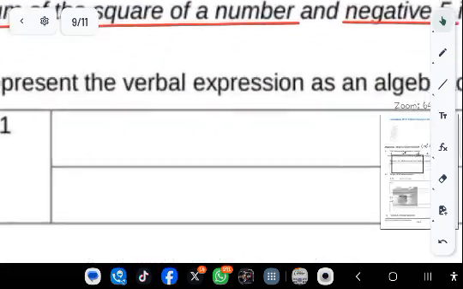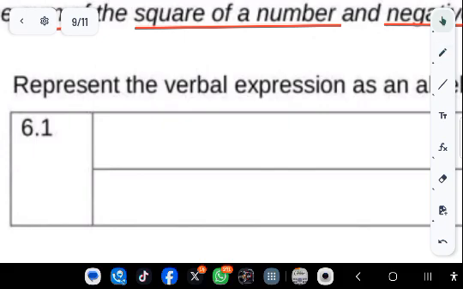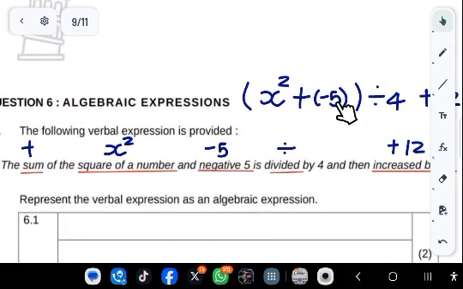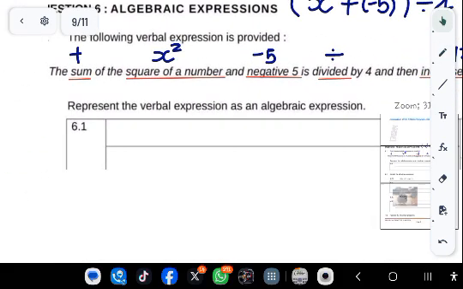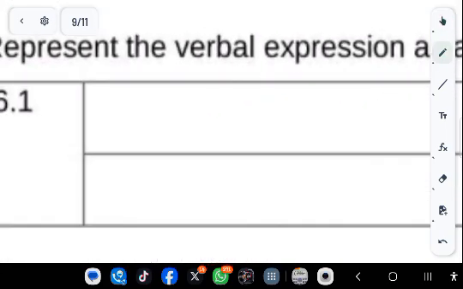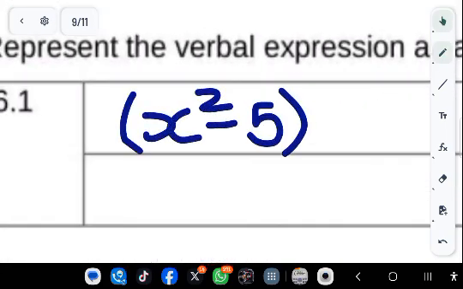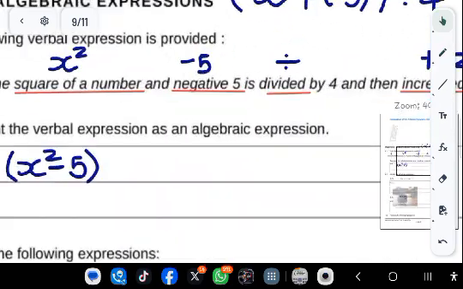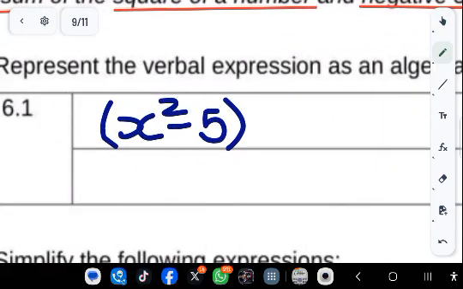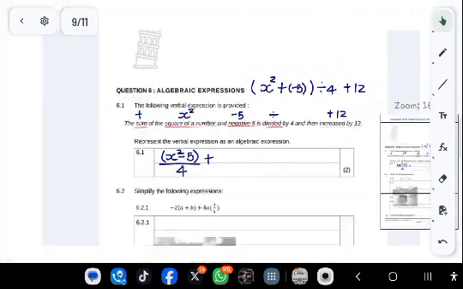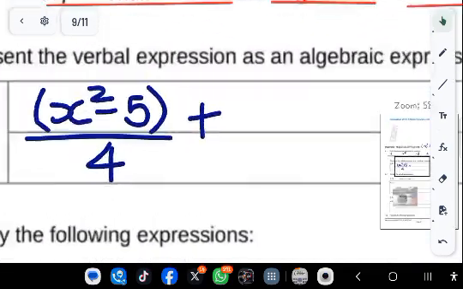Okay, so that will be plus, and negative 5 is simply negative 5. So that will be x squared minus 5 divided by 4. That means you can write it as over 4. And then you increase it by 12, plus 12.